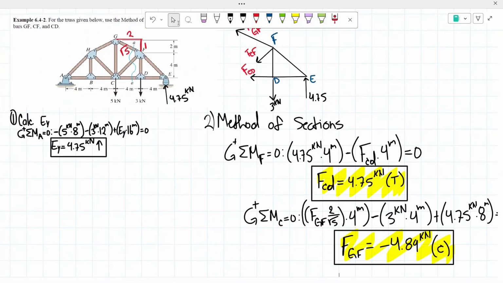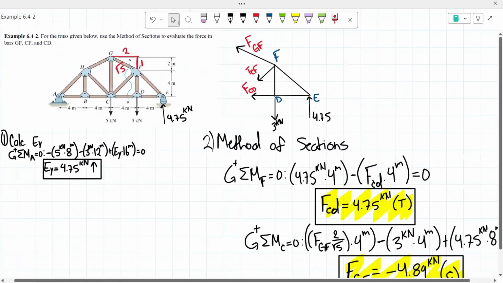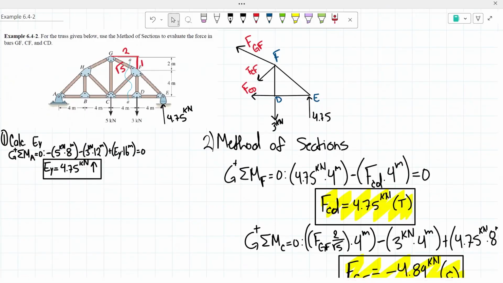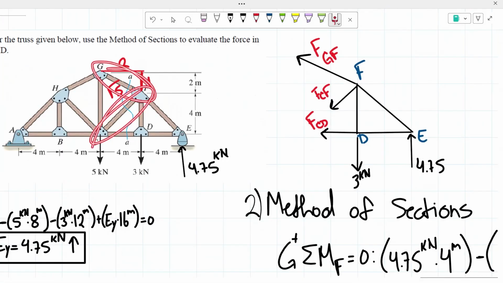So from there, what I'm going to be doing is taking the sum of the moments, I'm so sorry, the sum of the forces in the x direction. Because as you guys could see, just like GF, CF also has a horizontal and vertical component since it is at an angle.